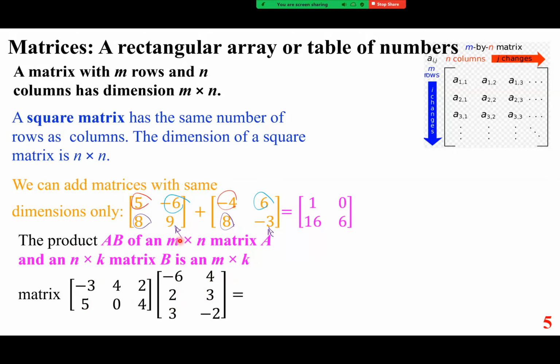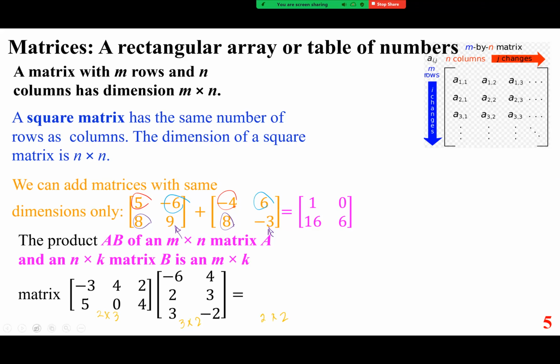Then you pick the number of rows from the first one, number of columns from the second one becomes M by K. So for the sake of argument, as far as the size goes, we can see that this is a 2 by 3, it's a 3 by 2, and the result must be a 2 by 2.